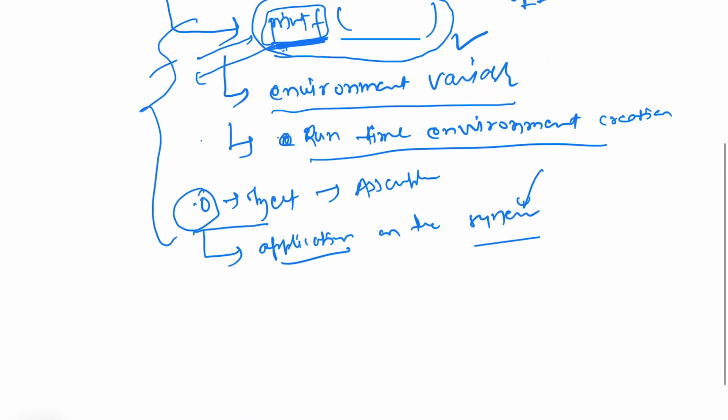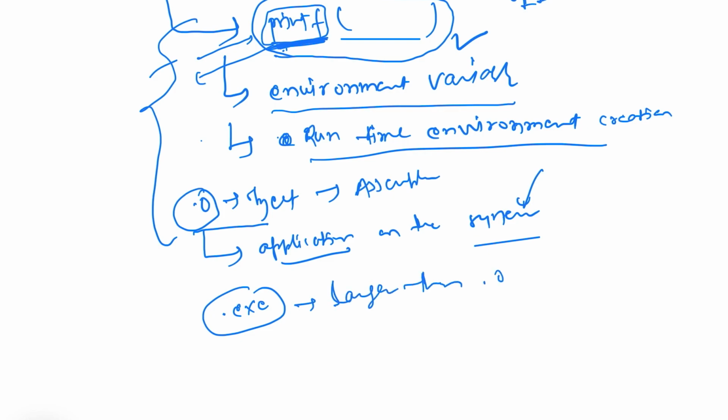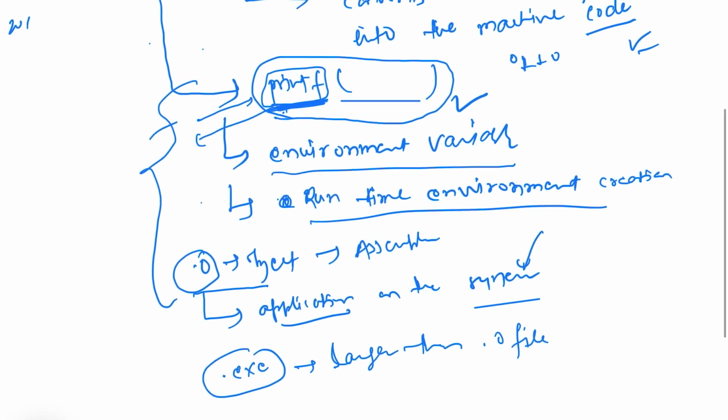That's why the exe file, the executable file, is always larger than the .o object file. When the linker executes, it creates the executable file.